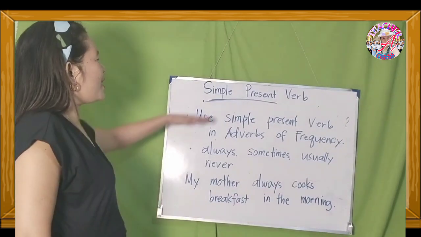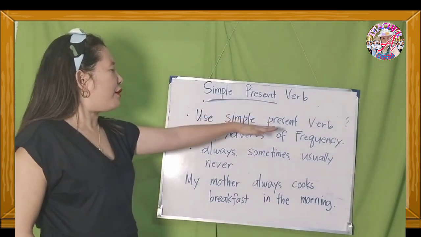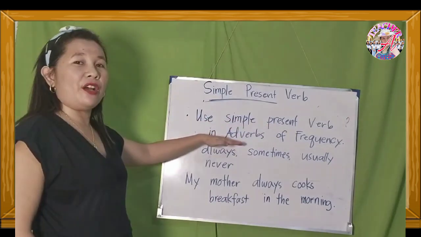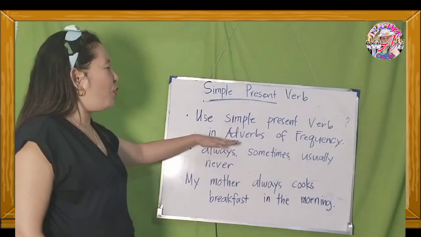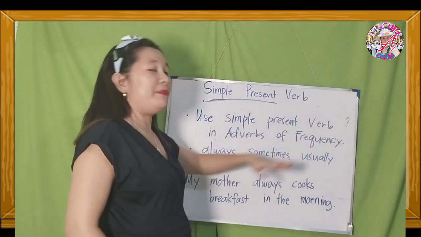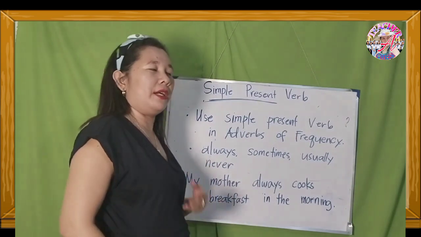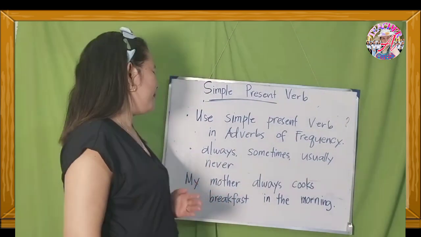Okay, the next usage of the simple present. Use simple present verb in adverbs of frequency. So what are these adverbs of frequency? From the word frequent, meaning often or it happens many times.